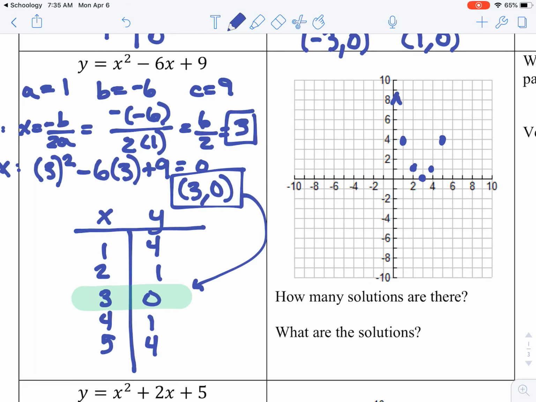We're able to graph those points. And we can see there is 1 solution because my graph touches my x-axis 1 time, and that solution is 3, 0.